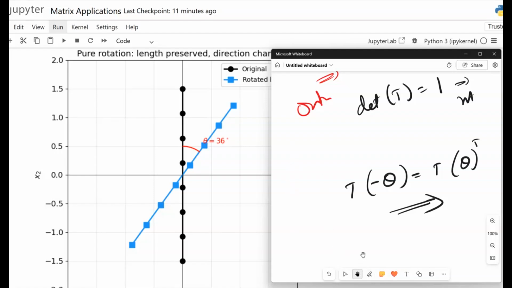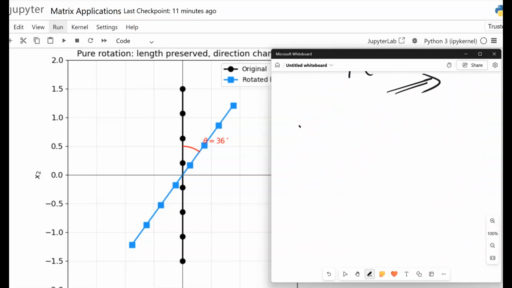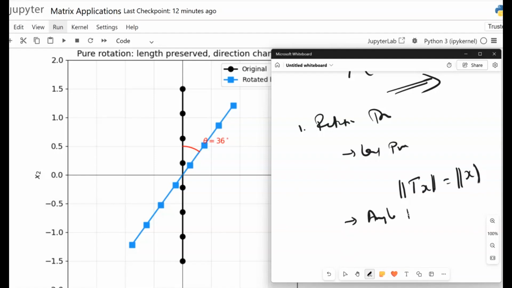First of all, according to the rotation property, the length is preserved: the norm of T of x is equal to the norm of x. Of course the angle is preserved as well, and there is no distortion. No distortion means it is a rigid transformation.